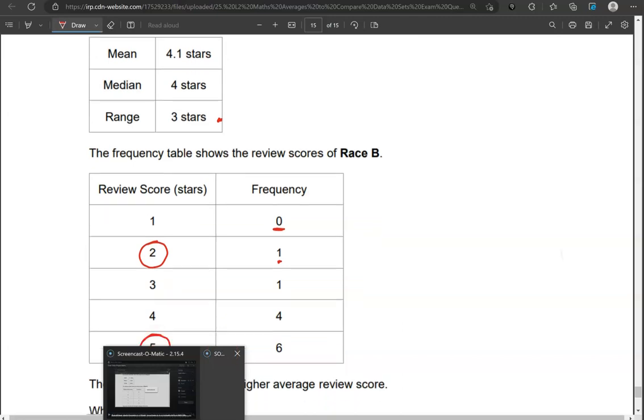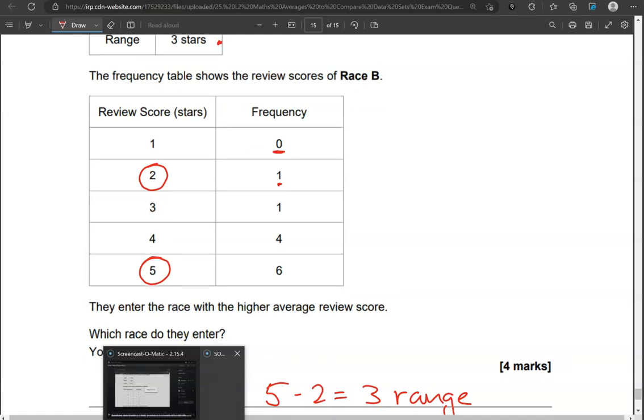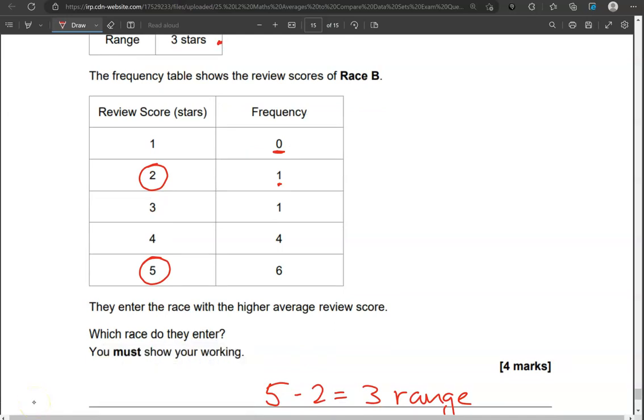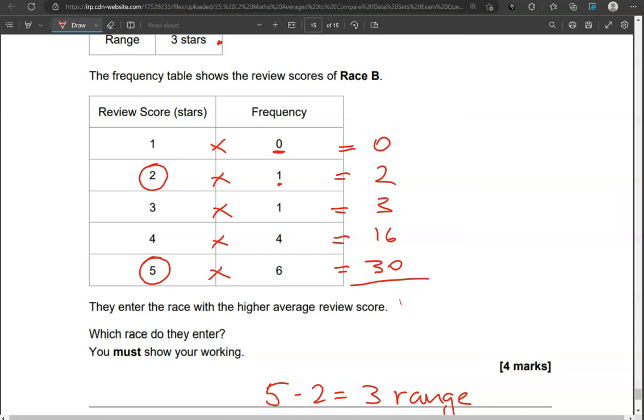Now working out the mean, which by the way you could have picked the median as well, but I picked the mean. So to work out the mean, we'll multiply the scores by the frequency. So 1 times 0, that gives us 0, 2 times 1 gives us 2, 3 times 1 gives us 3, 4 times 4 gives us 16, 5 times 6 gives us 30. So adding all of these together, 2 add 3 add 16 add 30 gives us 51 in total.